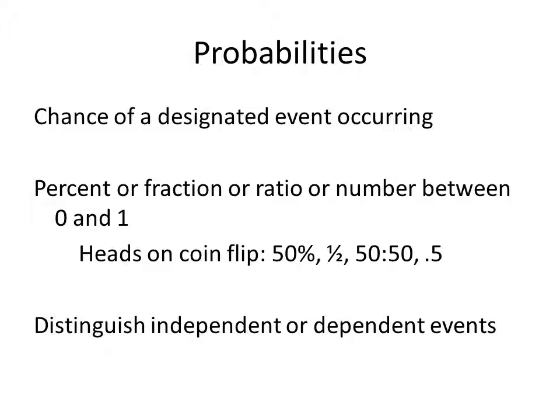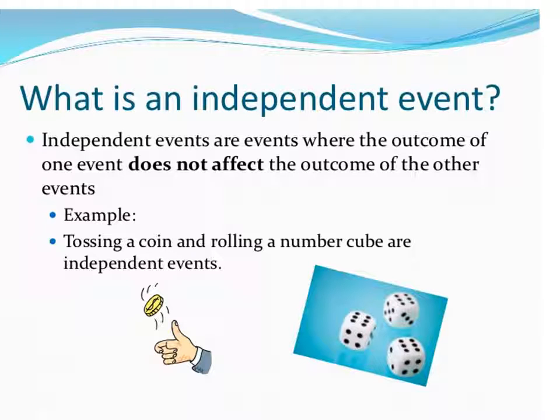And we'll talk about the difference between independent and dependent events. Independent events are when what happens on the first event has no effect on what happens on the second event. For example, if you toss a coin and then roll a number cube or a die, what happens on the coin toss does not affect what happens when you roll the die.